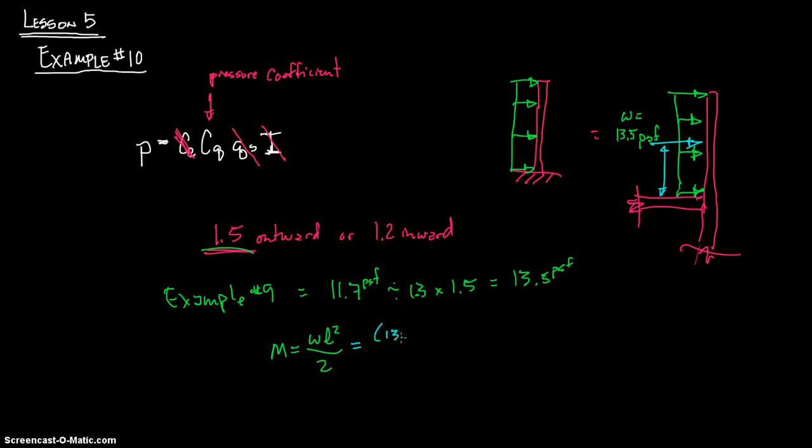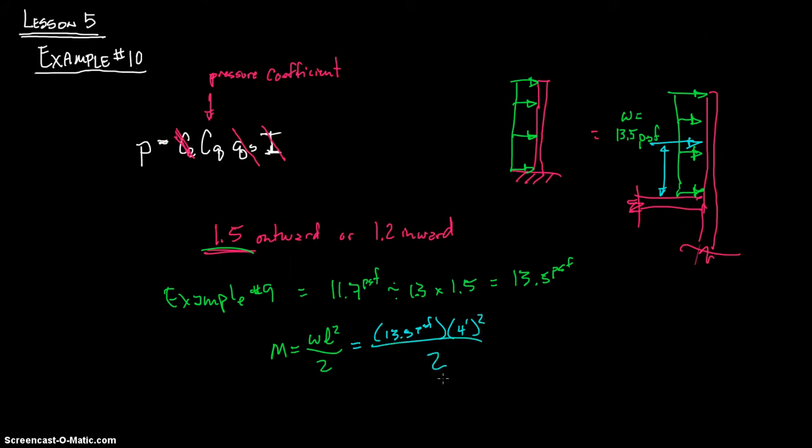So let's go ahead and solve: 13.5 PSF, which is W once again, and you can really look at that as PSF per foot. You can say that right now, but it might confuse you, so I won't. And then times L, which is 4 foot, squared over 2.